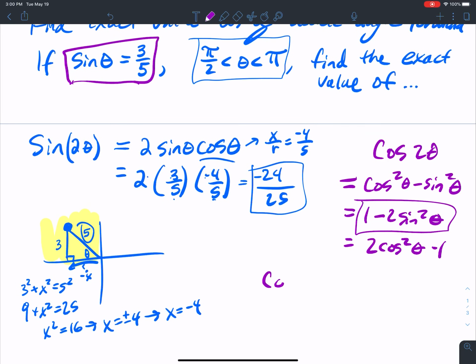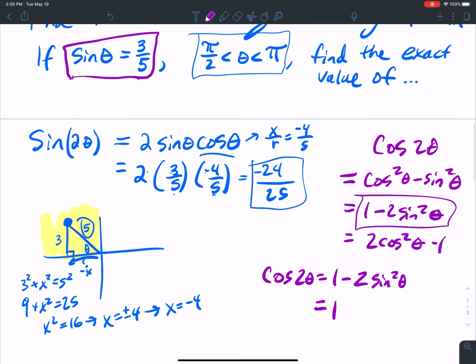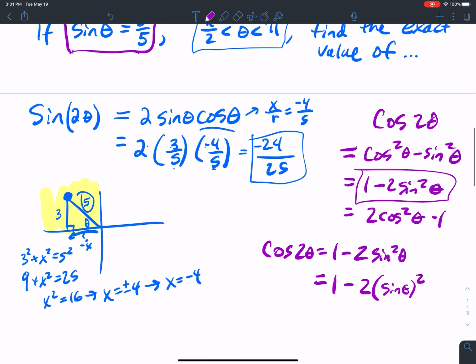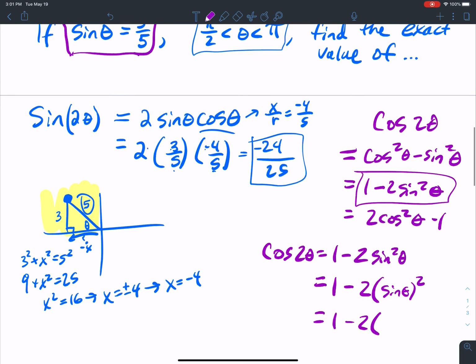So if I have cosine 2 theta equals 1 minus 2 sine squared theta, that's equal to 1 minus 2 and then sine theta all squared, right? So 1 minus 2, and then what is sine theta? Sine theta is 3/5 squared.